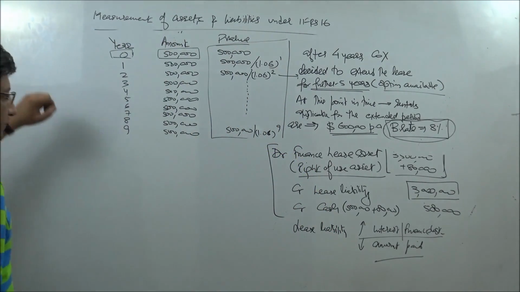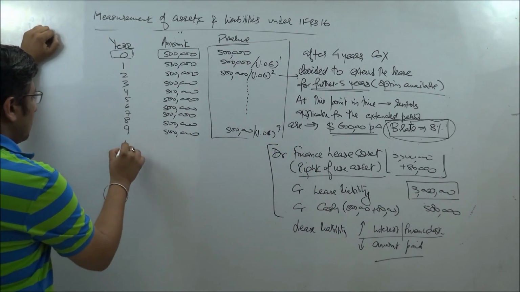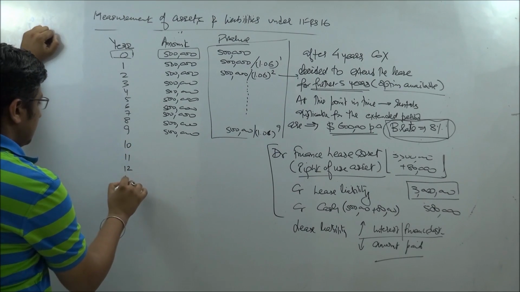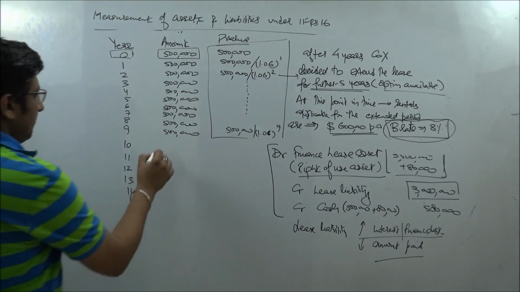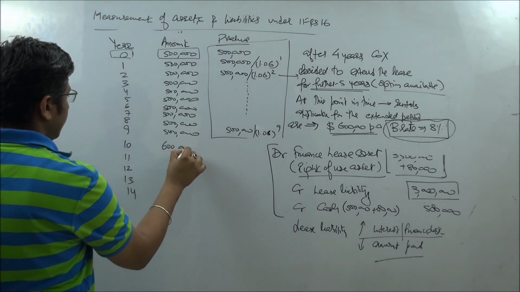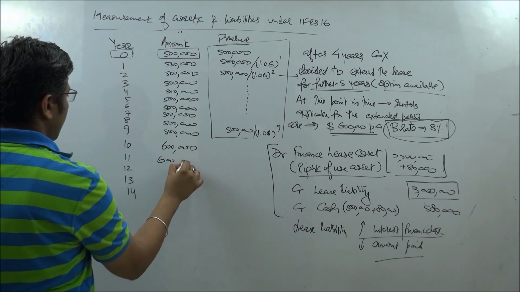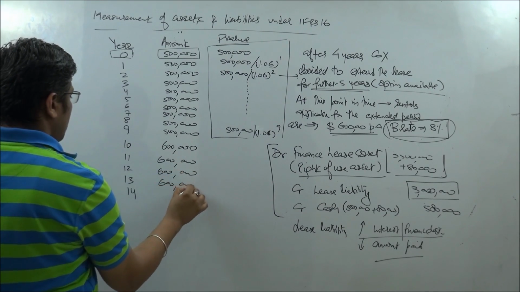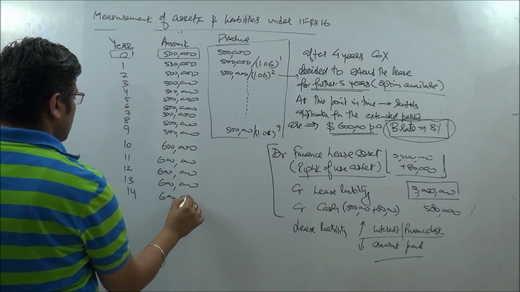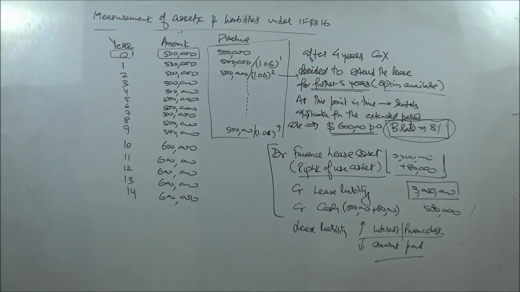So one thing is for sure, with another 5 years extension, my new interest rate would be 8%, and the amount would be $600,000 per annum.